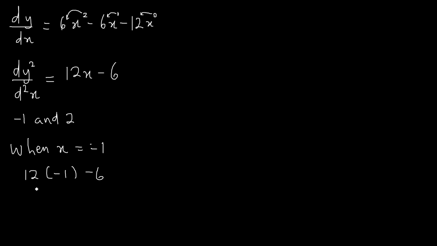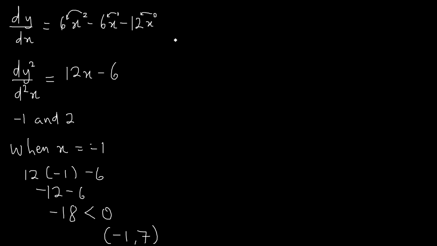And 12 times -1 gives us -12 minus 6. That will give us -18. And since -18 is less than 0, that means the point -1, 7 is actually the maximum point.